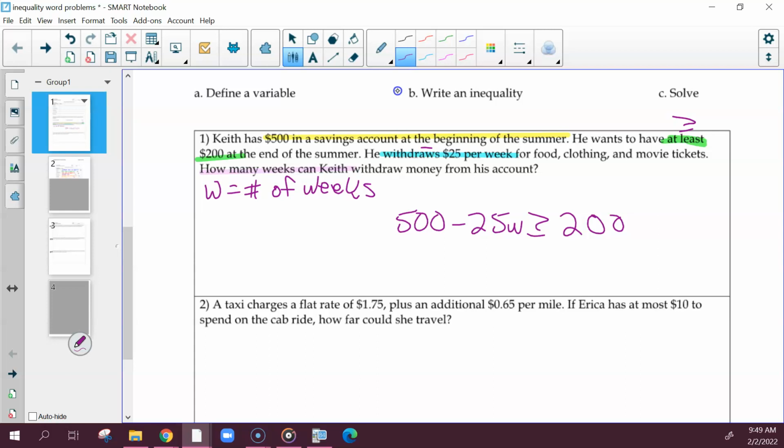Or can't we just divide 300 by 25? That's what we're going to end up doing, kind of, but you would still need to set up your equation.